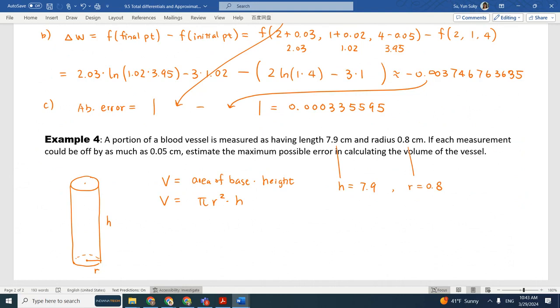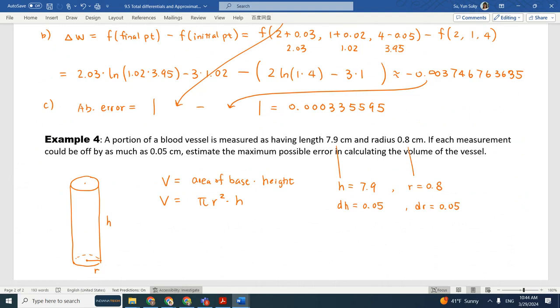And if each of the measurements can be off by as much as, so your dh is 0.05 and your dr is 0.05. So it's asking what is the possible error in calculating this.